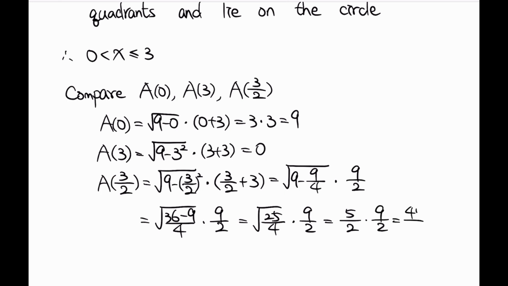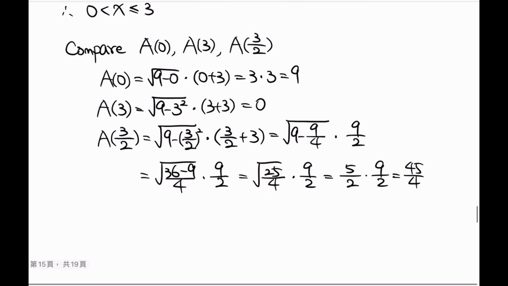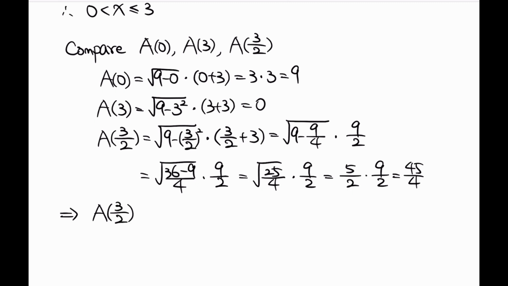This is 45 over 4, and this is greater than 9 and 0. So we got the inequality: A of 3 over 2 is greater than A of 0, which is greater than A of 3.